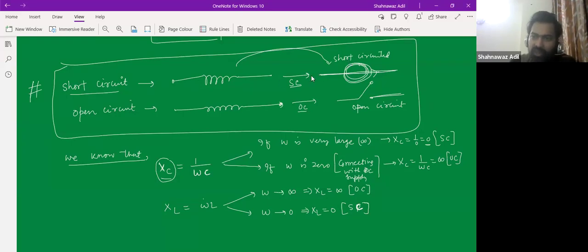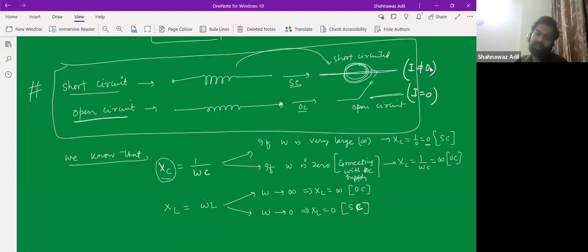In open circuit, there is an infinite resistance, and current cannot pass through this circuit. So no current will pass through the open circuit. I is zero there, and in short circuit I is not zero. So these things we have to remember.